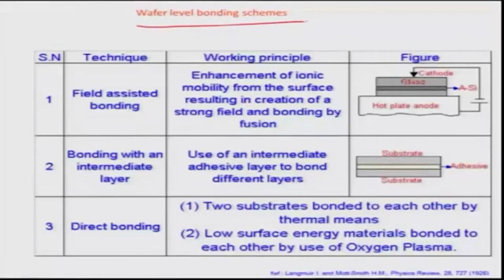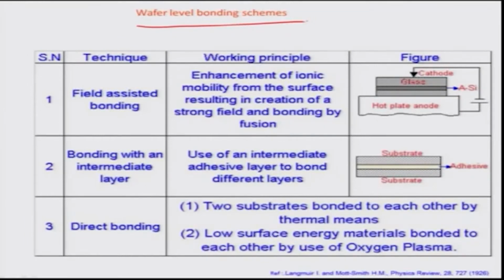For example, when talking about a polymeric device, the polymer structure can be bonded to a hard platform to make a hybrid device which can be used for biomedical diagnostics. So here let us talk about different strategies which have been put forward in the literature for different wafer level bonding schemes.